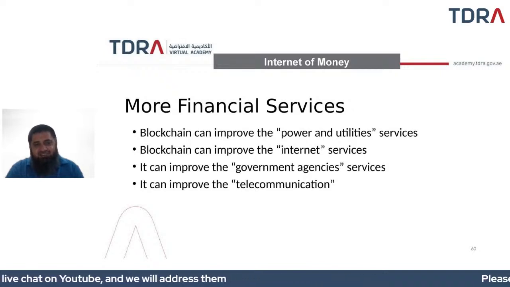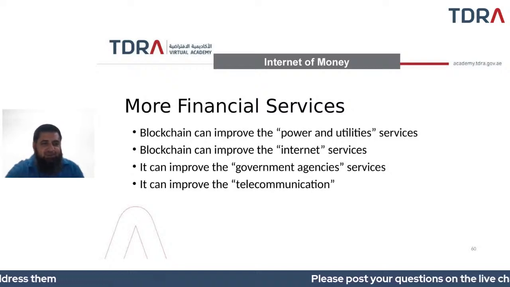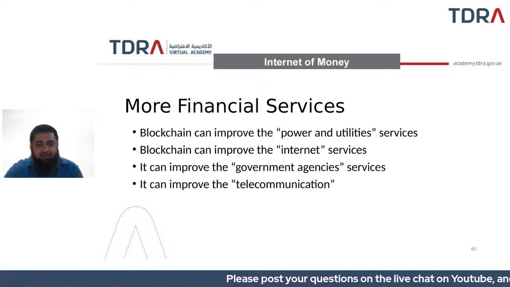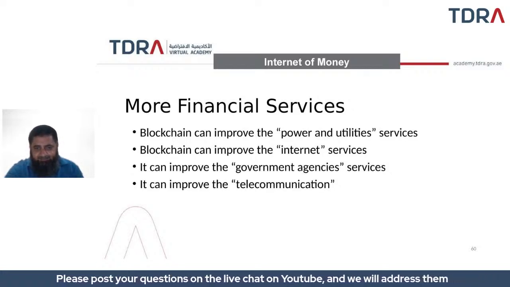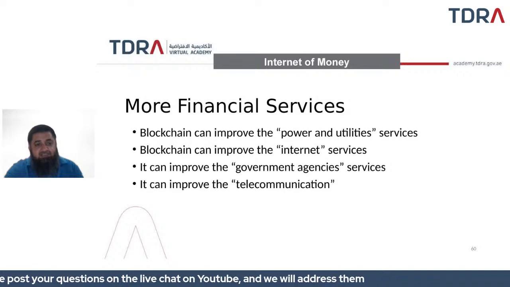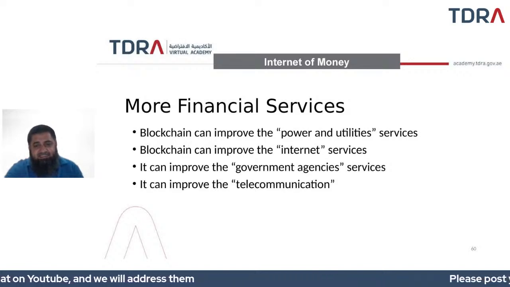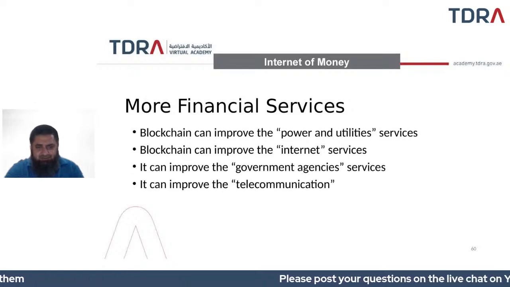So blockchain is the solution that is implemented in Australia for solving this problem and making it comfortable for the government as well as the electricity providers. Also, blockchain can improve internet services, government agency services, and telecommunication.